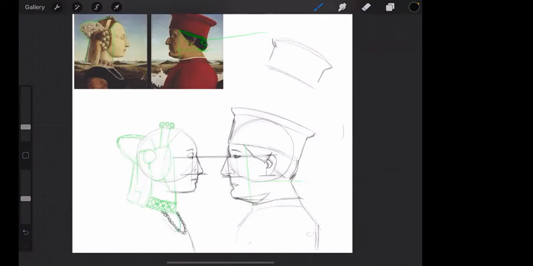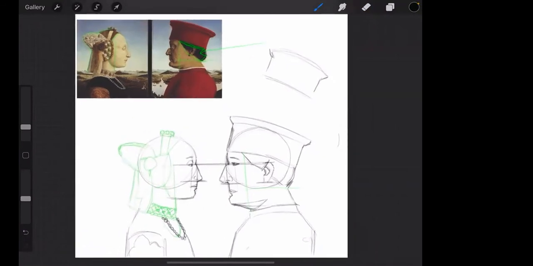And you can just draw the big shapes for the body, shoulder. So two figures are looking at each other.